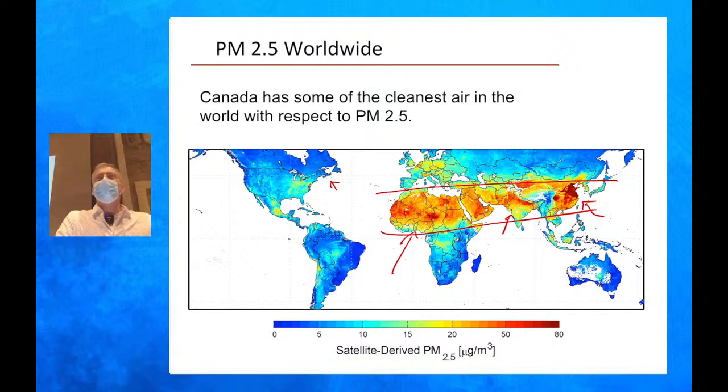Northern Africa has very low population density and very low density of industrialization. Why do you think it's so high all the way through there? Any guesses?